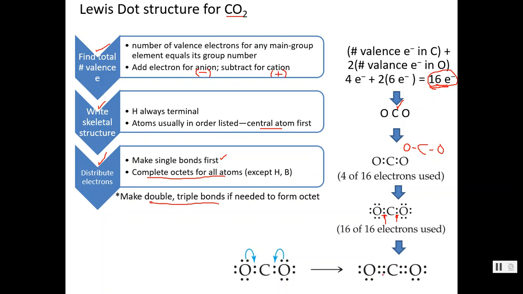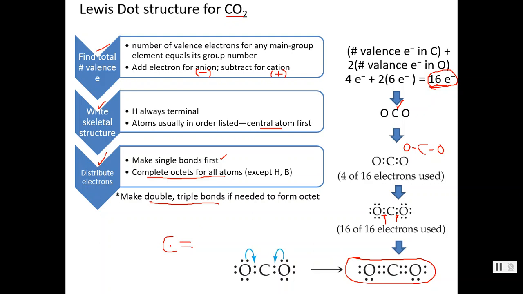My carbon has 2, 4, 6, 8. This oxygen on the right has 2, 4, 6, 8. So I've satisfied the octet for all my atoms. So this structure would be the appropriate Lewis dot structure for CO2.